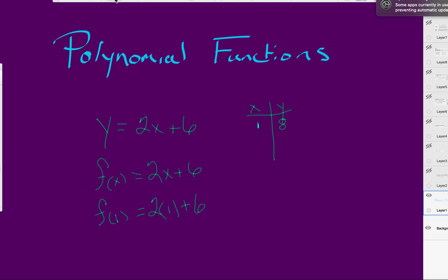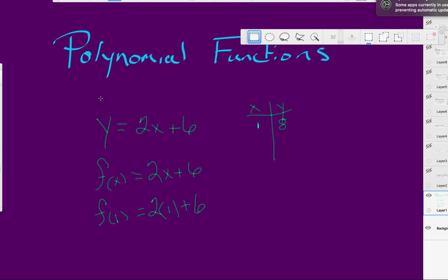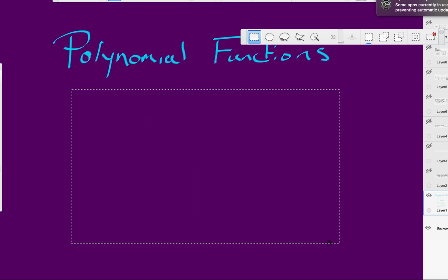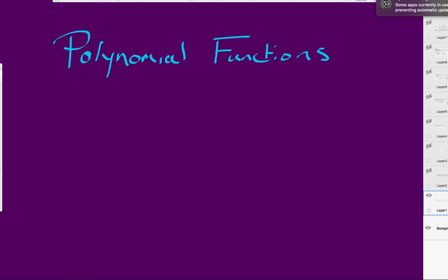So I want to go back a little bit and talk about polynomial functions. Yes, 2x plus 6 is a polynomial because it does have 2 terms. But we're talking about those larger polynomials, polynomials with higher degree powers for their exponents.